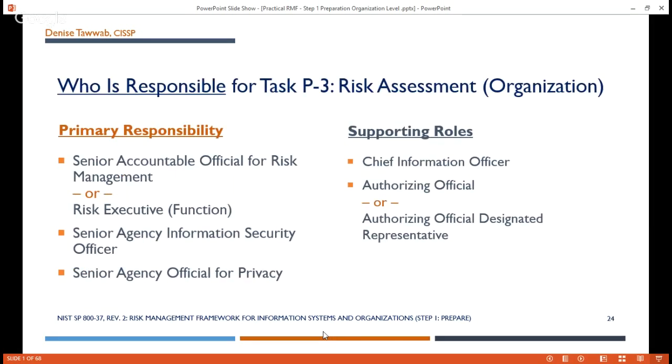The person responsible for this task, primary responsibility belongs to the risk executive function, to the chief information security officer, or to the chief privacy official. Supporting roles will be played by the CIO, the authorizing official, and the authorizing official designated representative.